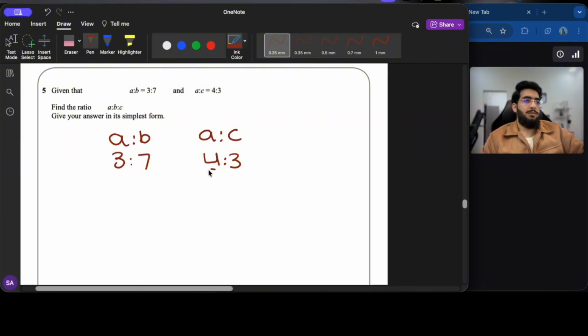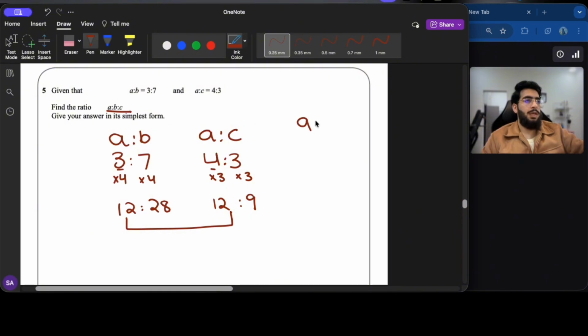I can take this 4 and times it over here by 4, and I can take this 3 and times it over here by 3. Now 3 times 4 makes it 12 ratio 7 times 4 makes it 28. 4 times 3 makes it 12, and 3 times 3 makes it 9. Now since I can see A values are the same, I can write it in the combined form. So A ratio B ratio C would become 12 ratio 28 ratio 9.